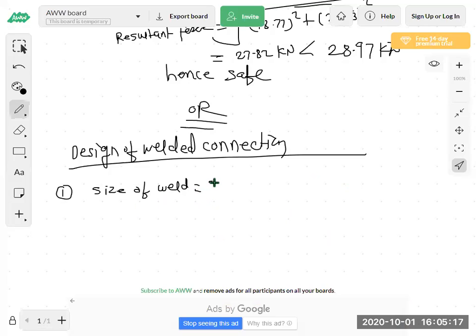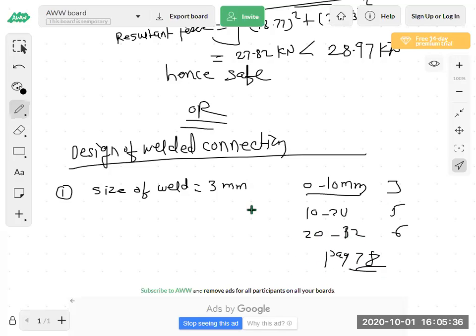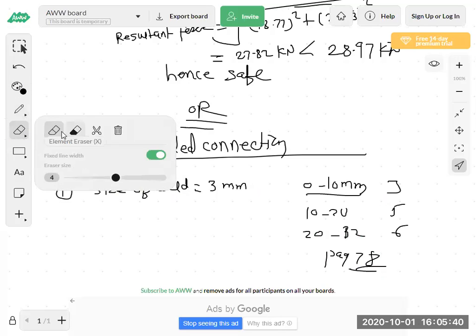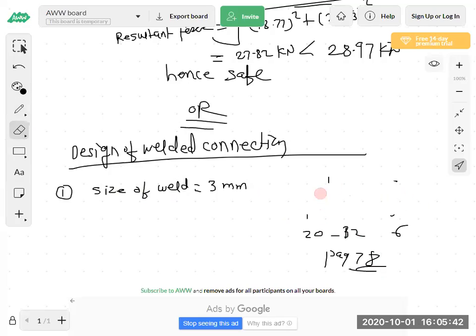So size of weld we have to take 3 mm. Why? Because 0 to 10 mm size of weld is 3. 10 to 20 it is 5, like this. 22 then 32 it is 6. So page number 78 this is given. किती size ठेवायचा वेळचा that given on the page number 78, and that depends upon the thickness.